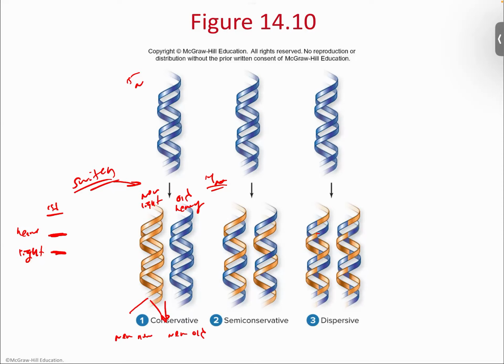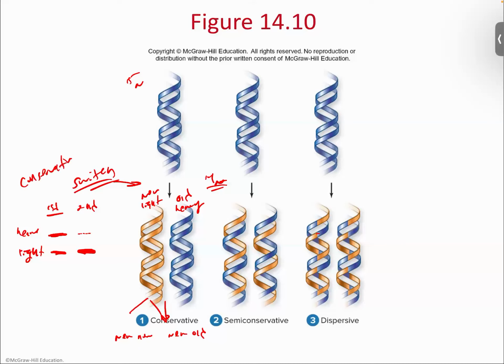So you would expect over the second round for your light to get a little darker and your heavy to start disappearing, right? Now, that's what you would expect for the conservative.